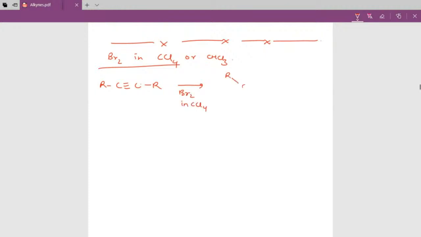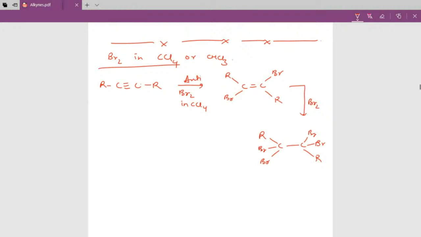First, when we add, we will have the trans product because it is anti-addition. You add one more Br2, you will have tetrabromo. But as there is no chirality or GI, there is no difference. Till here you can see that it is an anti-addition. Here it is not visible, though it will remain anti.